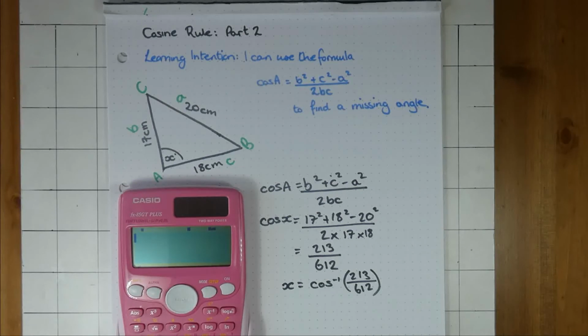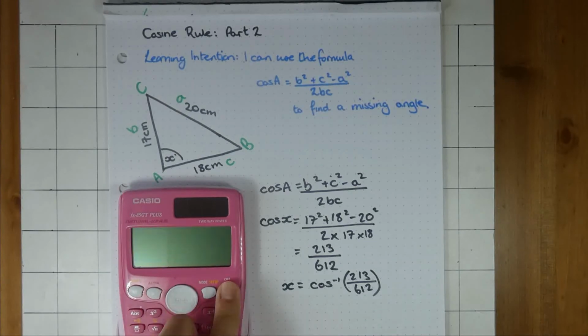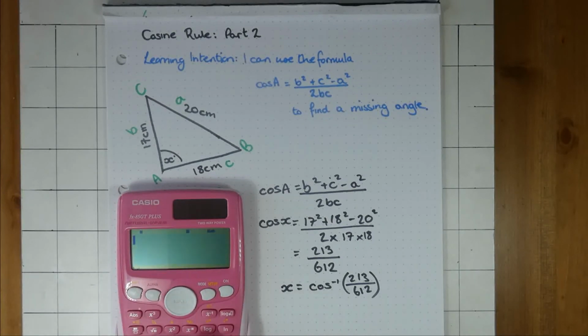Now, I realised in the last video it was a bit darker, so I'll show you again how to find the inverse. If you look at your calculator, you have sine, cos, tan. If you look above them, you'll see in yellow or in another colour, sine inverse, cos inverse, tan inverse. The way you know which button to press is the colour matches quite often. So I've got sine inverse in yellow. I hit shift, which is the yellow one, so sine inverse. Cos inverse, shift, cos.